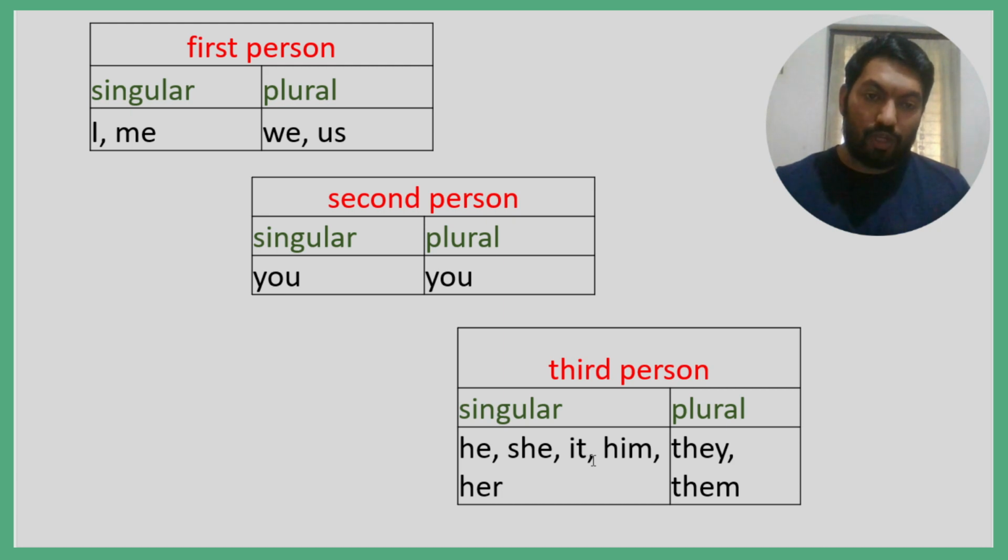It we usually use for babies, for non-living things and for animals. It is a cow. Here it is a pronoun. And the plural of the third person is they, them. Now let's come back to the first table. I.